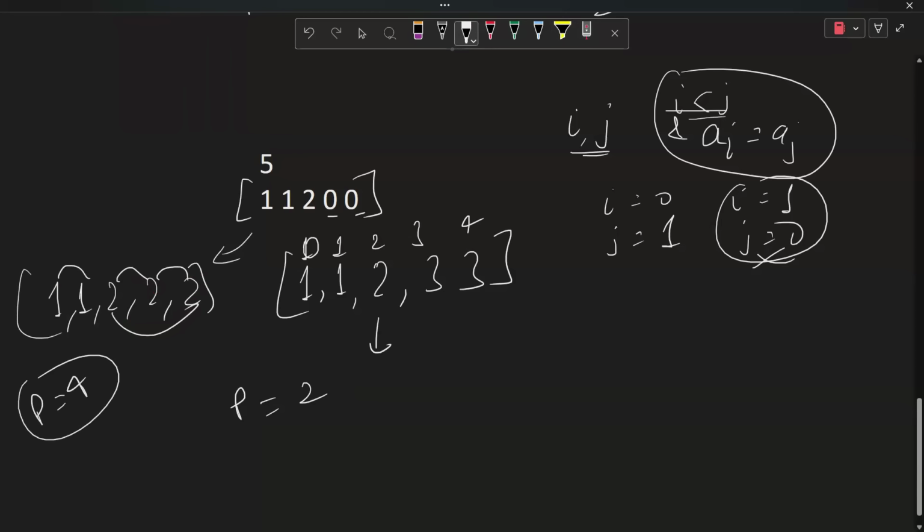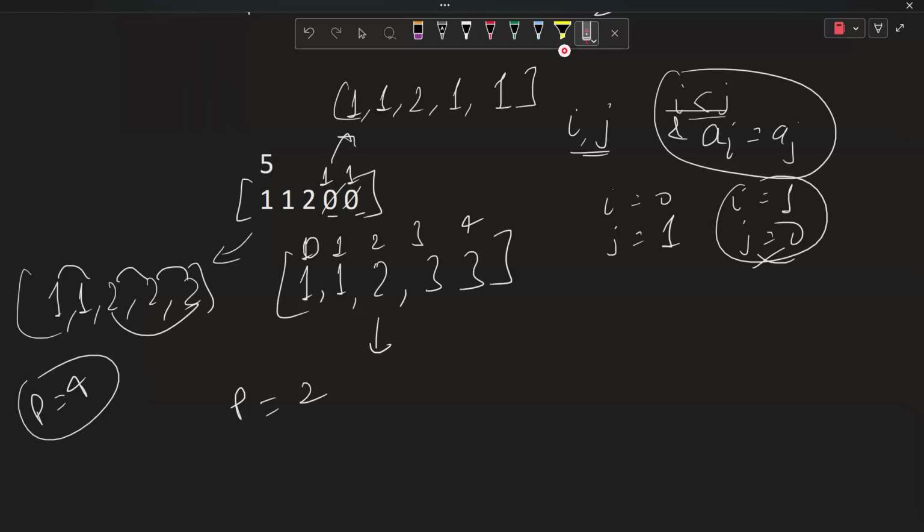If we replace these zeros by 1, then we would have 1, 1, 2, 1, 1. You can see how many pairs would exist. Here there are 4 ones. How many different pairs of indices can you select among 4?